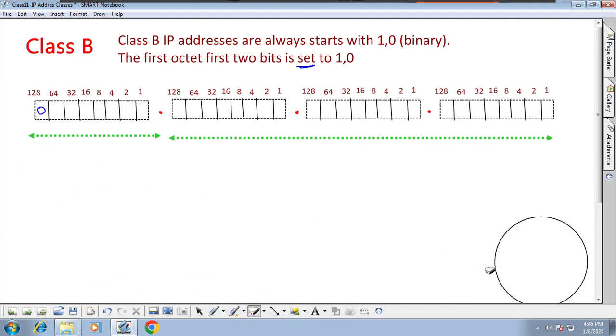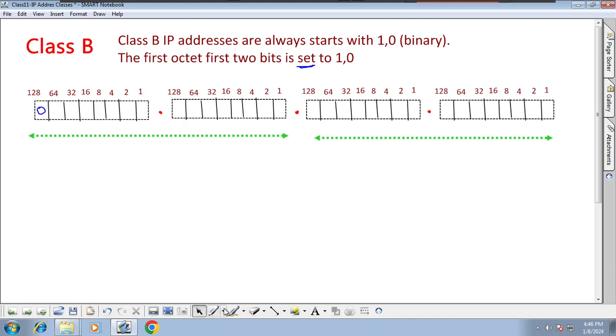Just wait. So in class B we have 16 network bits and 16 host bits.